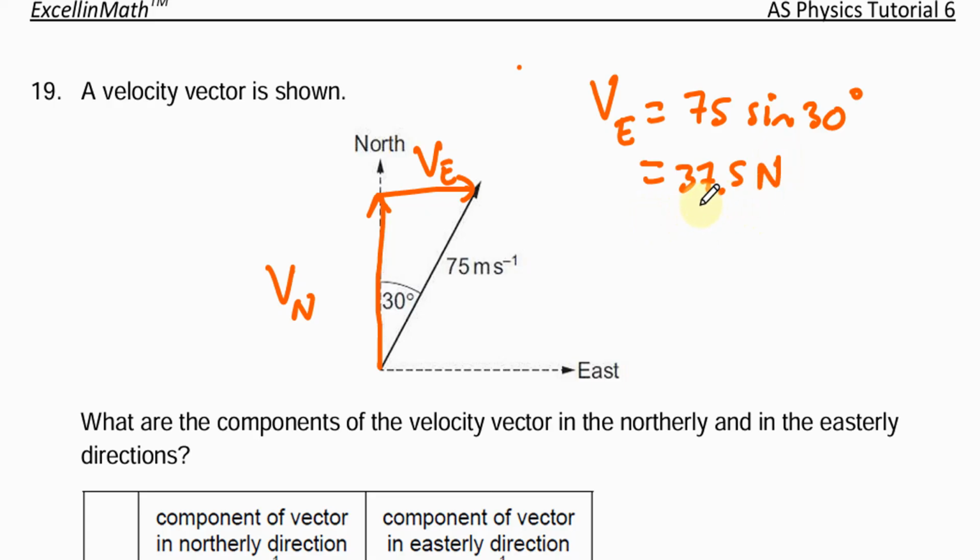And of course, written with two significant figures, this will be approximately 38 newtons. Then the northerly component will be 75 cos 30.